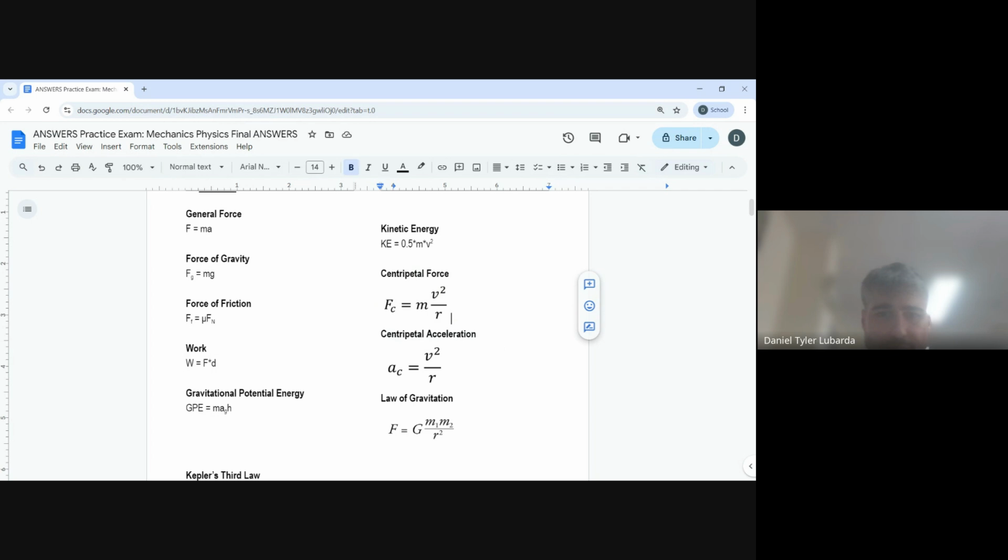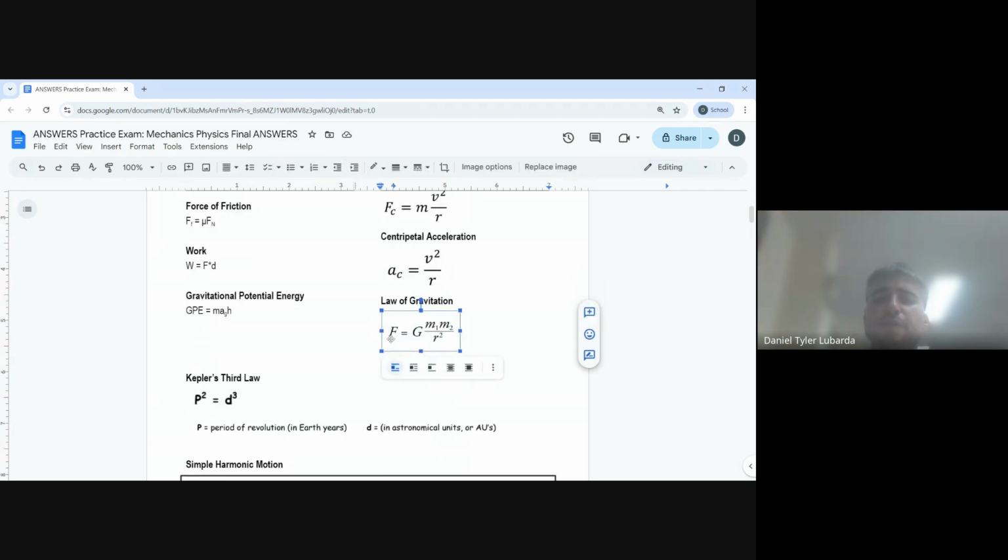And next we have the law of gravitation. The force of gravity is going to be equal to G. G is a constant, and it's a very, very small number. I will give you the constant. If you have a question on gravity, I'll give you the constant. You do not have to memorize what G is. M1 and M2 are your different masses. Notice that you can switch them back and forth, and it doesn't matter.